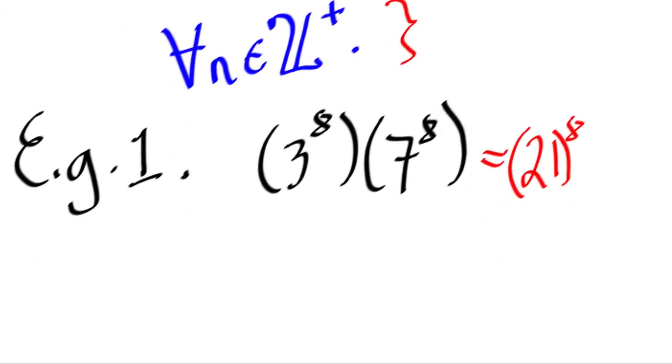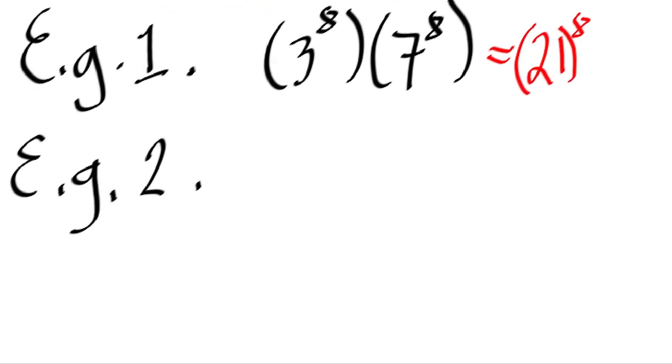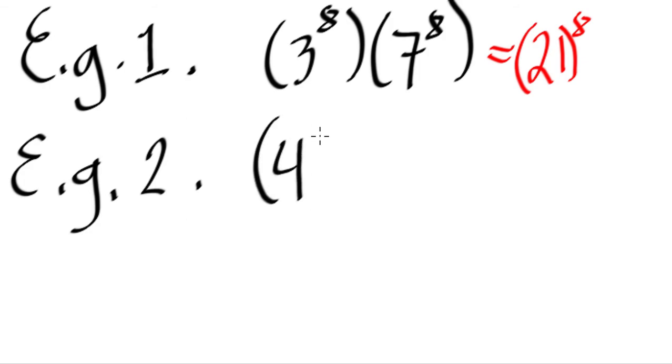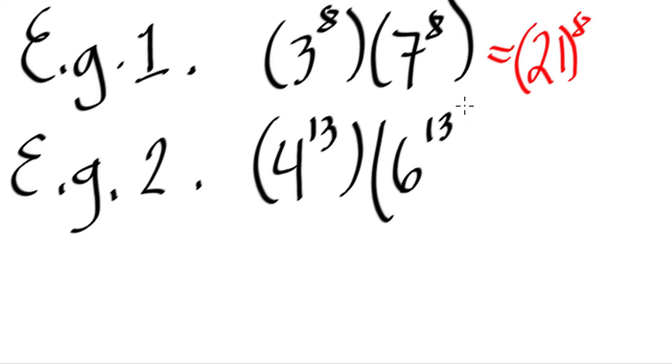More examples. Another illustration. This one I'll give to you guys. So example 2. Let's have 4 raised to 13 times 6 raised to 13 times 2 raised to 13.